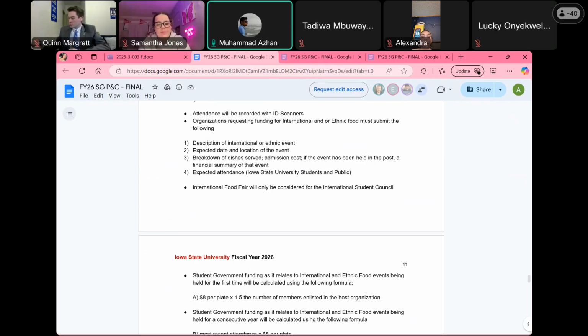Reduce the barrier depending upon what type of event they are doing and how many students they are expecting to attend. The Finance Committee can review it, make a decision, present it to Senate, and the Senate can vote whether they want to fund it or not. So it will be based on the Finance Committee and the Senate eventually.